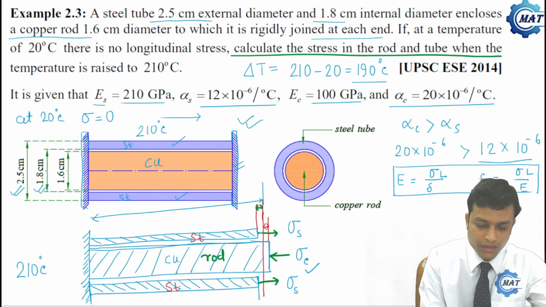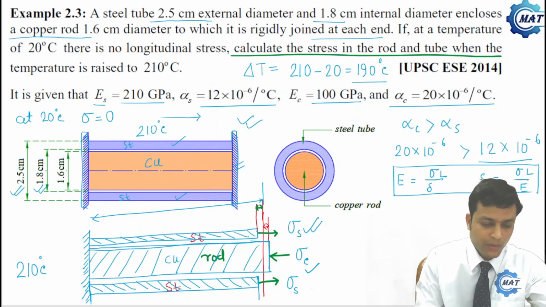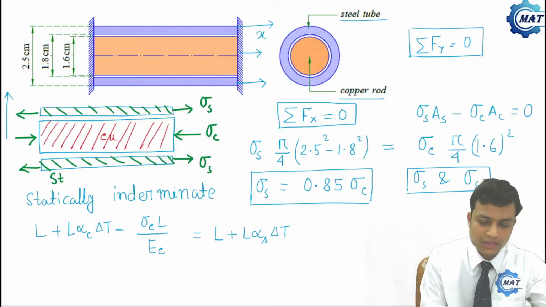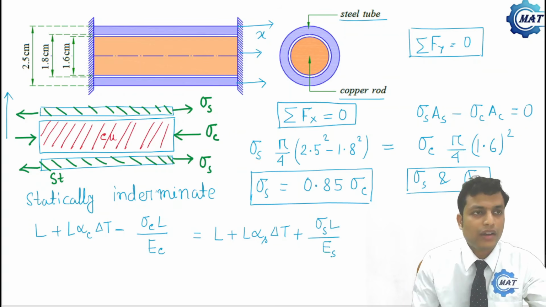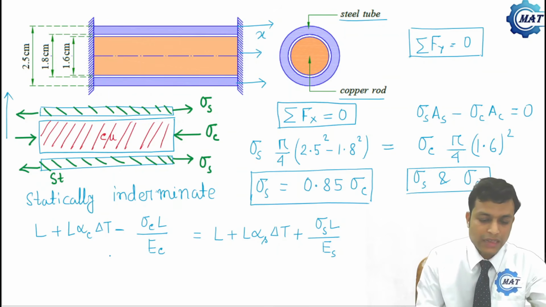The rigid wall will provide a tensile load to the steel tube, so due to that tensile stress the elongation will be further plus sigma S L by ES. So this is the boundary condition, because at elevated temperature both the copper rod and steel tube have the same length.